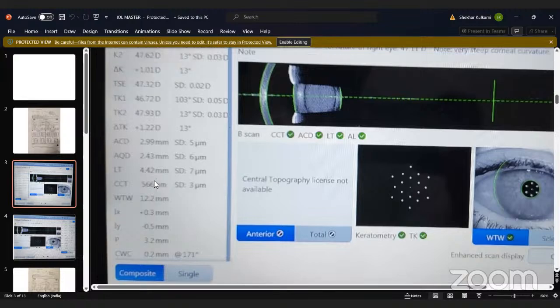Corneal apex and the iris plane, X and Y axis, not like the center. ACD is the corneal curvature in the center and the lenticular plane, not the iris plane.